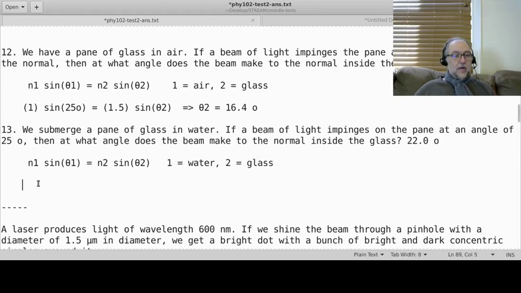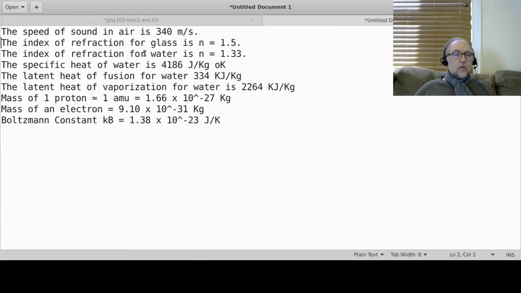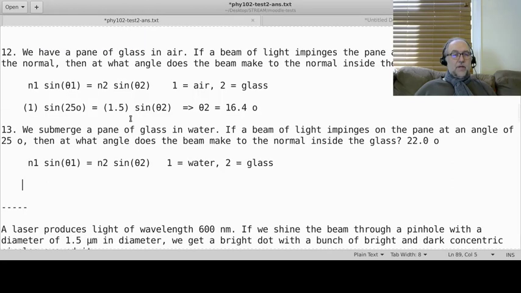If you look up the index of refraction of water, it's 1.33. So we'll put 1.33 in there. Sine of the angle in the water, 25 degrees, and N2 is glass, 1.5, and sine of theta 2, we don't know what this angle is.